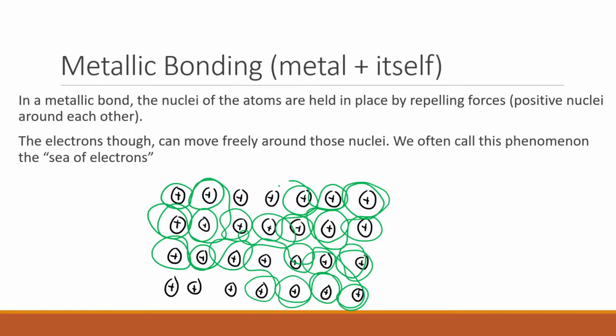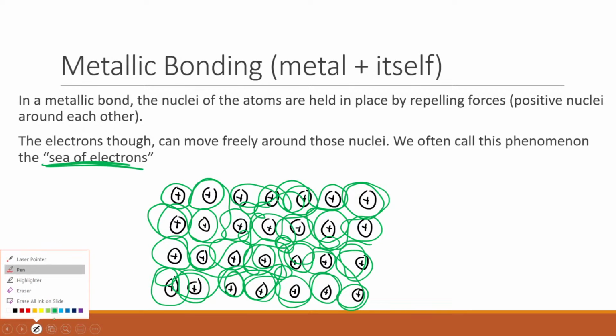But eventually we are going to go near each of these positive nuclei. This phenomenon, this fact that the electrons can go wherever they want, is referred to by chemists as the sea of electrons. They can move where they want, they can ebb and flow, depending on what situation you put things in. And this allows for metals to do the things that metals do.